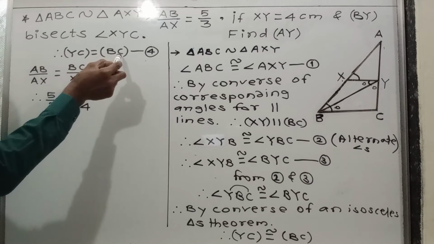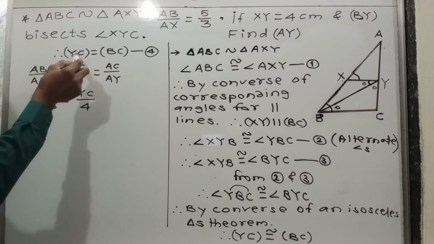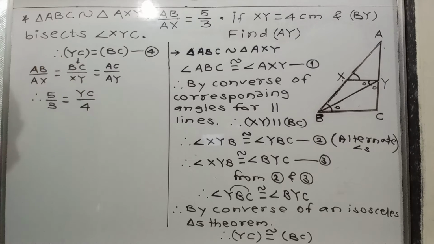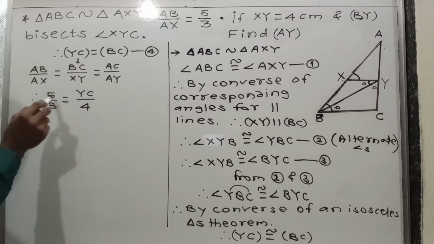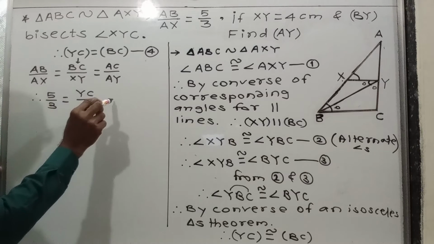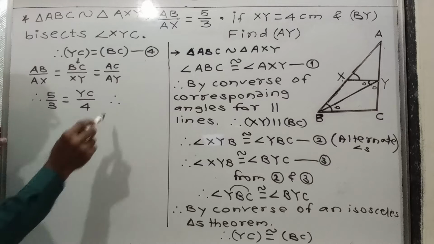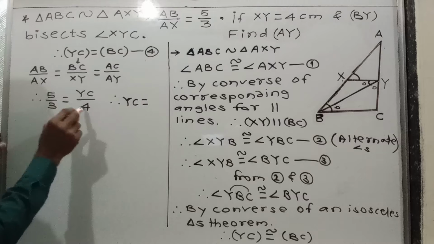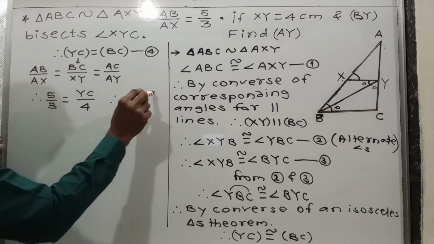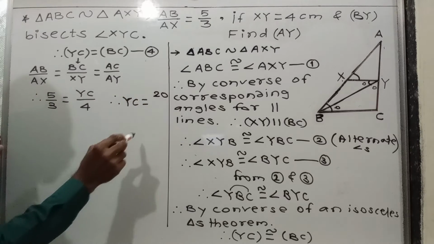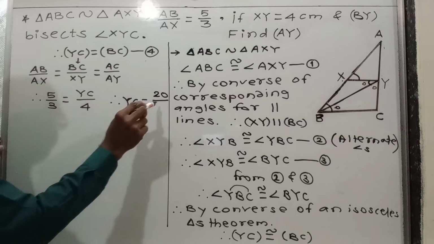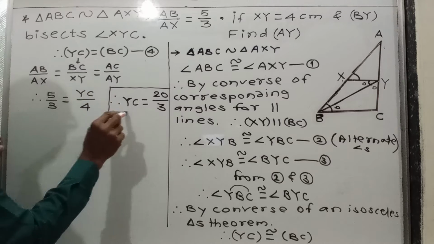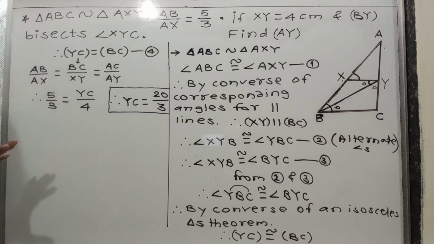We put the value of BC, which is YC, directly here. Then we take this 4 to the left side. Therefore YC is equal to 4 into 5 upon 3, 20 upon 3. This is the value of YC. Did you get it?